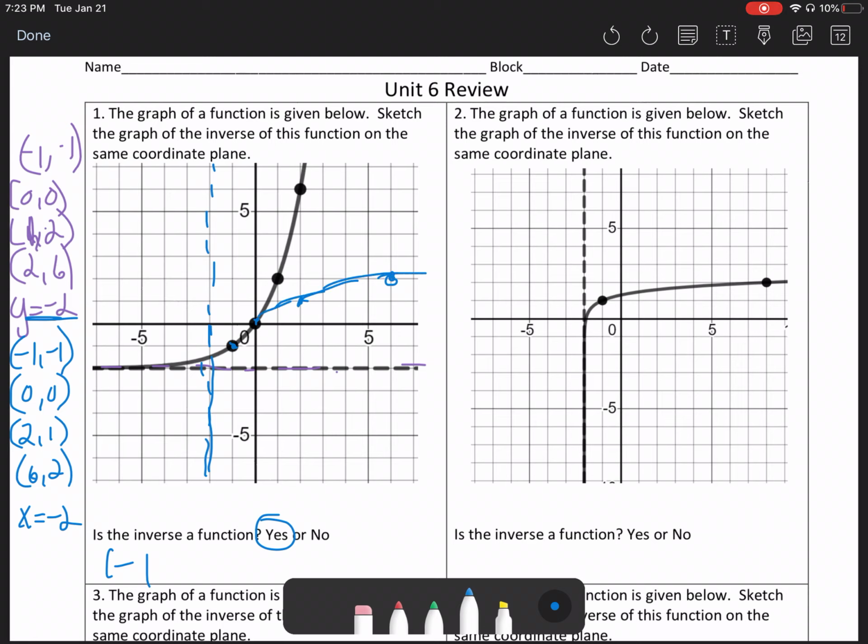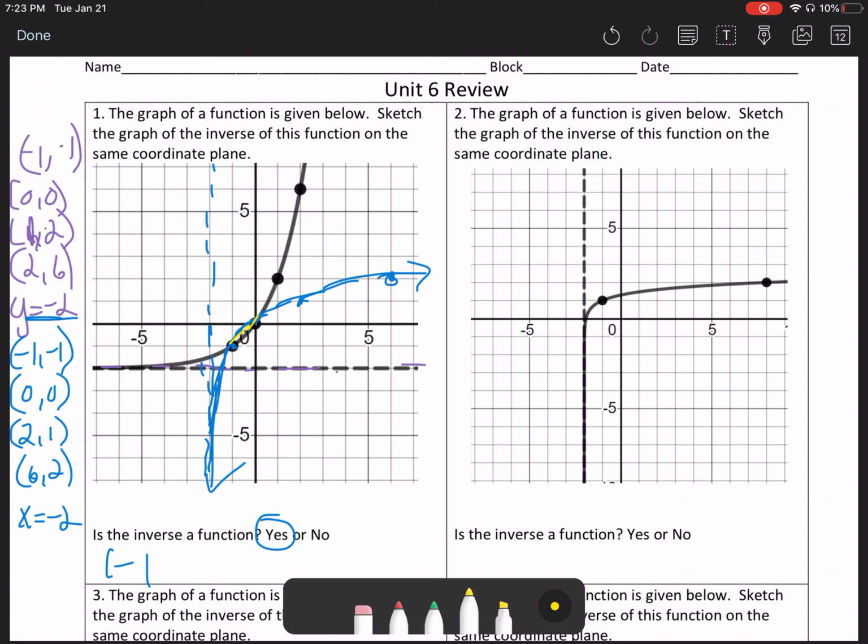Now be really careful when you're writing your points down. It's important to write your points in order so you know how to connect the parts of your graph. The other thing is there's a nice little check built in as far as symmetry goes.